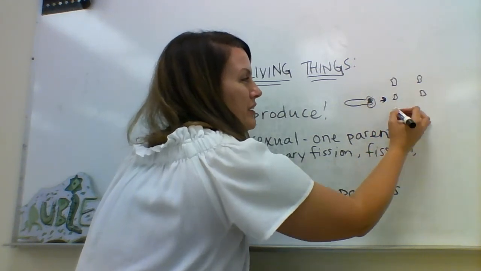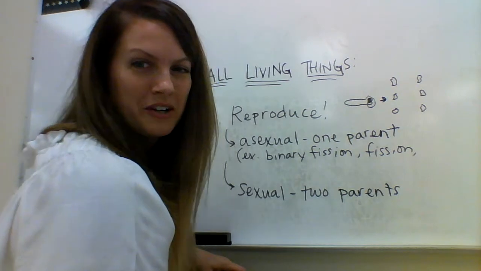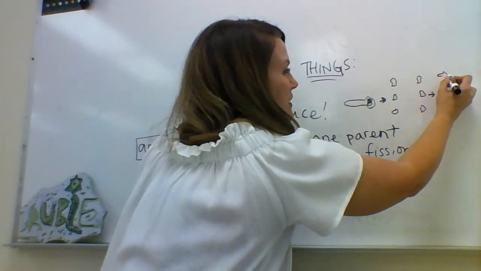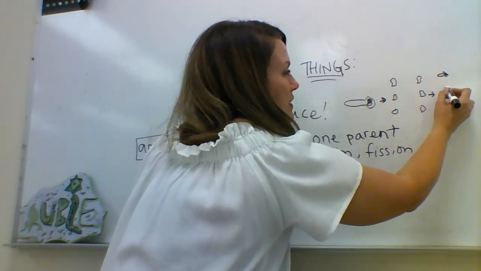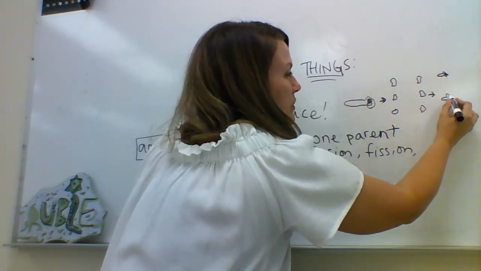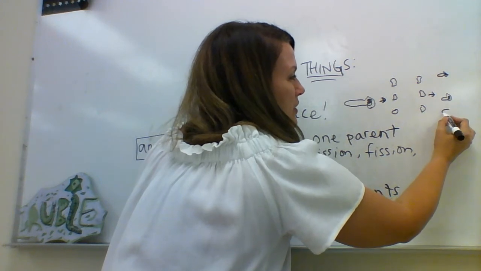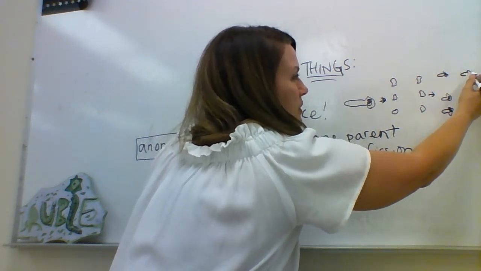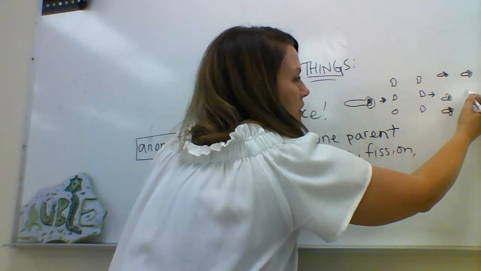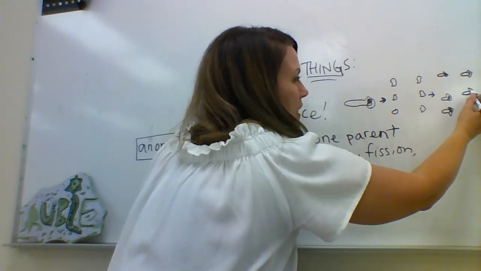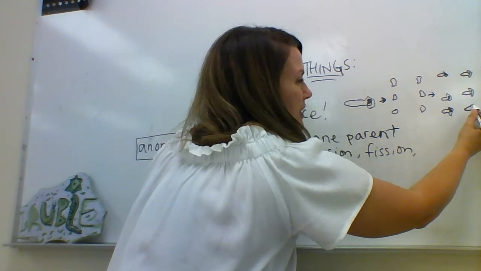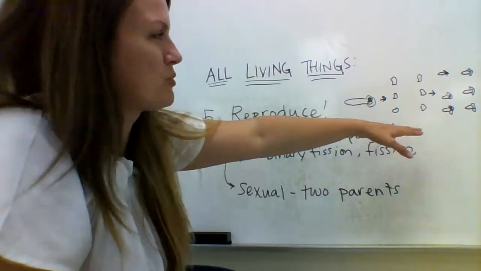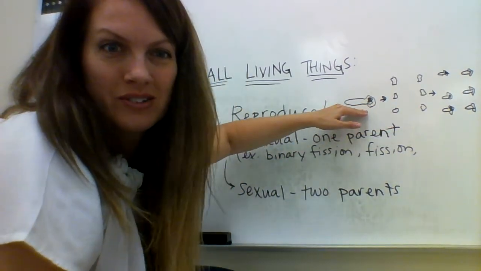So they're going to tear themselves into bits, and then each little bit is going to grow into a new worm. And if you'll excuse my artistic ability, these worms will all grow to be fully functioning adults.